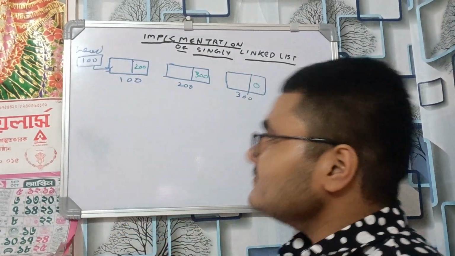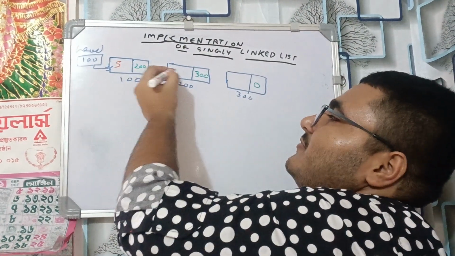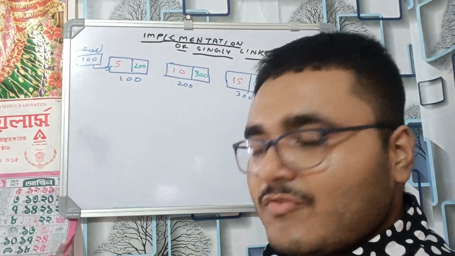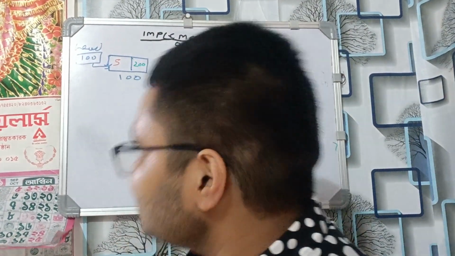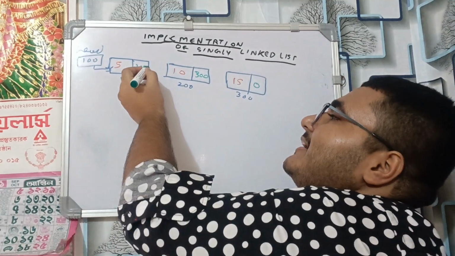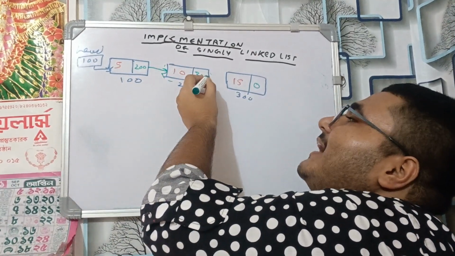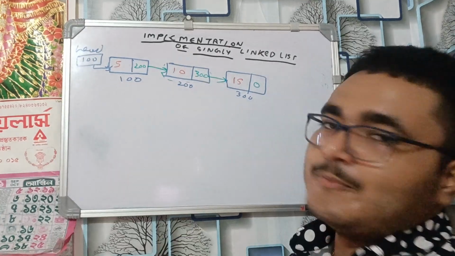Say suppose 5, 10, 15, I have taken some data from the user. So it is just pointing to one another. 200 is pointing to this whole node. Getting my point? So 300 is pointing to this whole node.